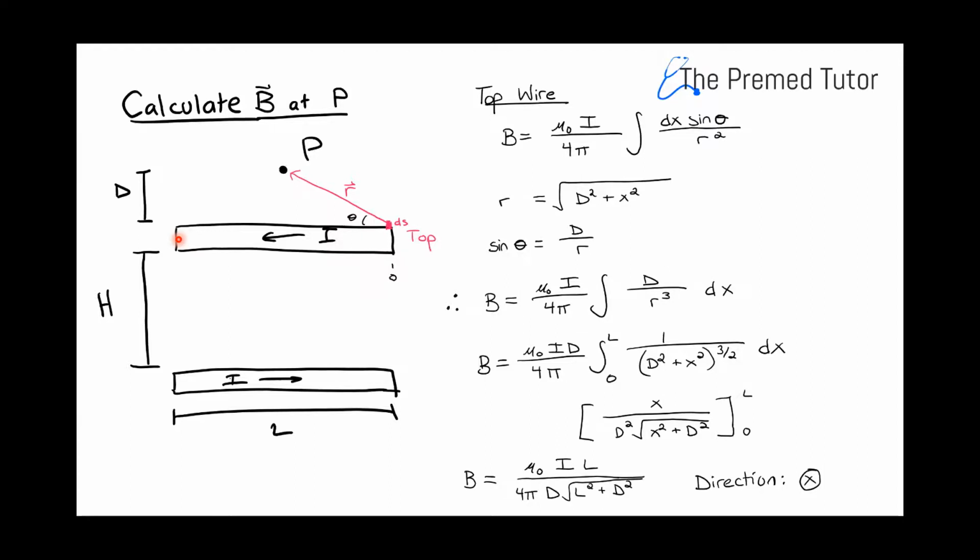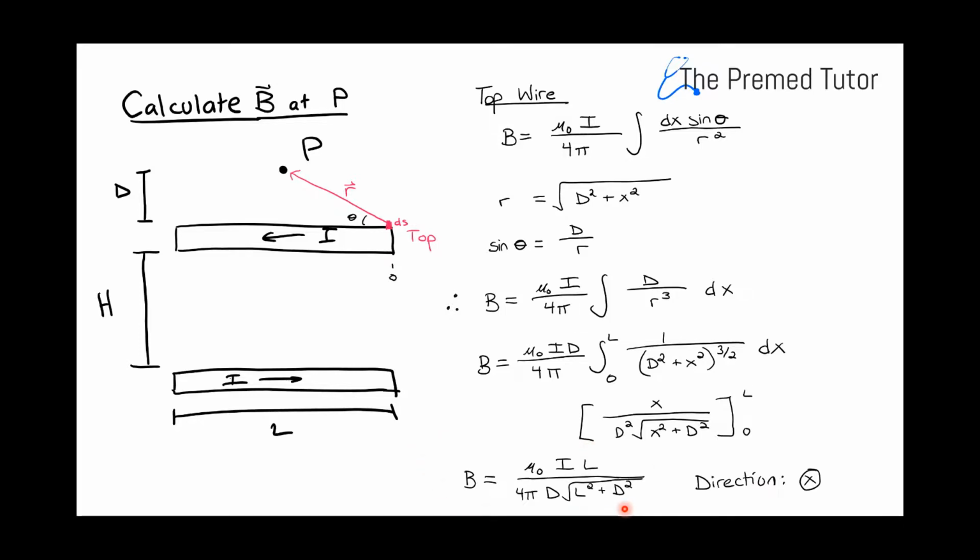It doesn't matter where the source is, as long as it's there, it'll affect point P. So once we plug in 0 to L, let's do the integral. This is what that integral looks like as a result, and once you plug in those bounds, this is what you're left with as a final answer.